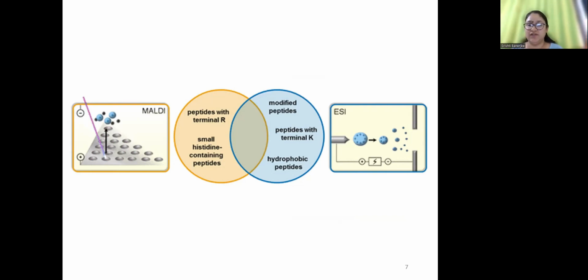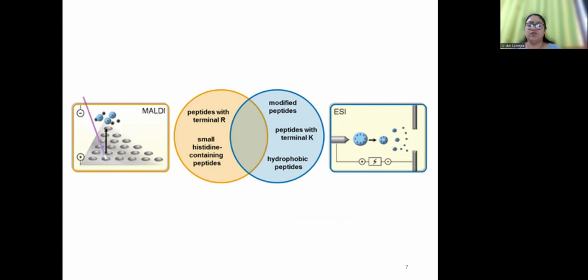That matrix will help in the next process. Then you shoot or bombard those wells with laser. Once you subject the matrix to a laser, the analyte molecules gain charge, but the samples will not be fragmented.